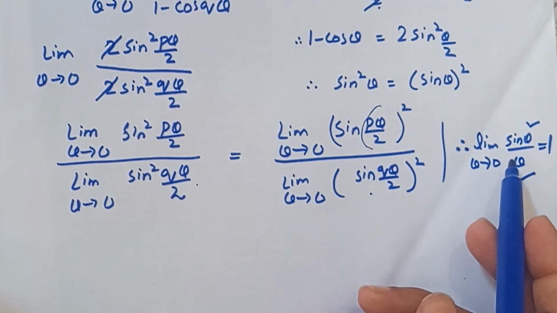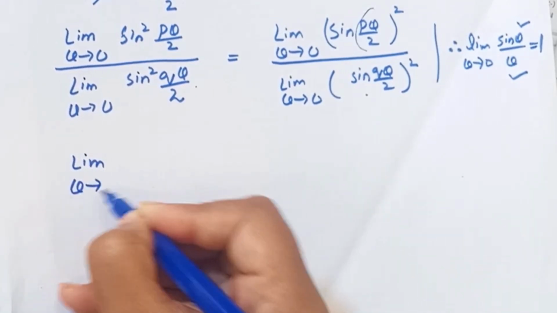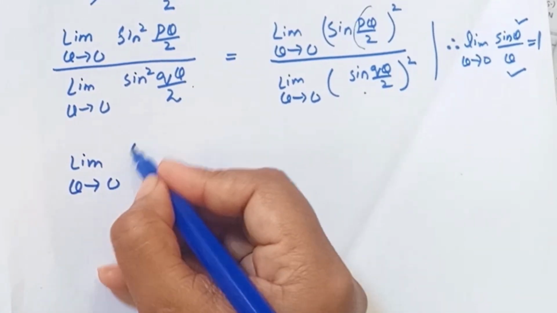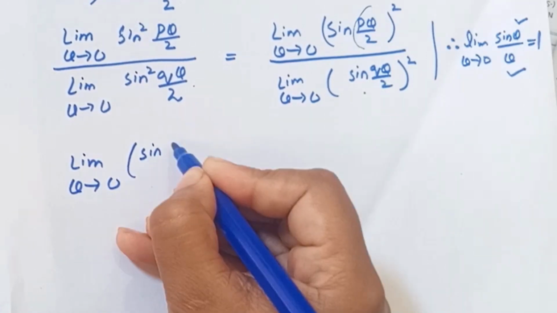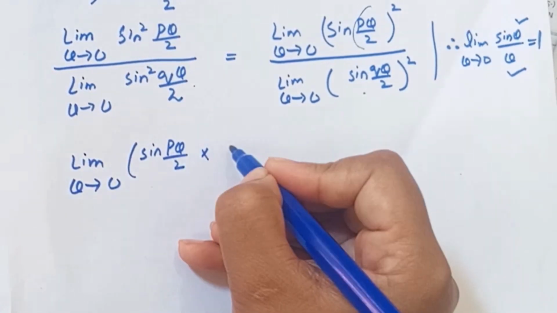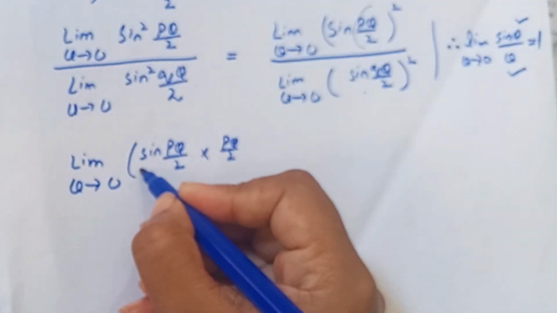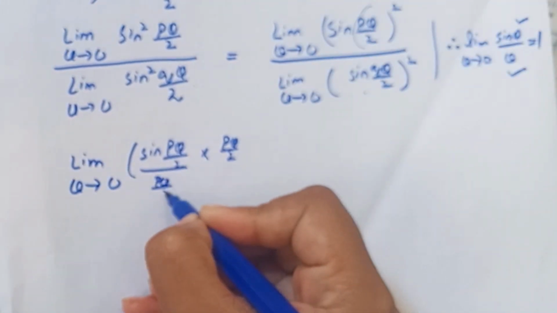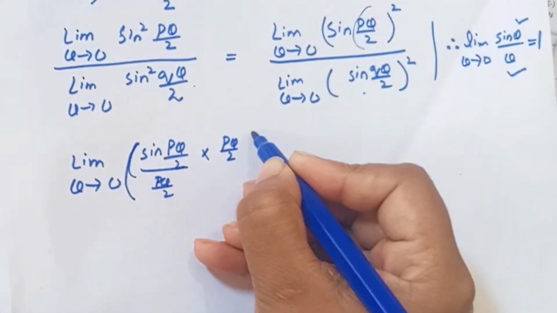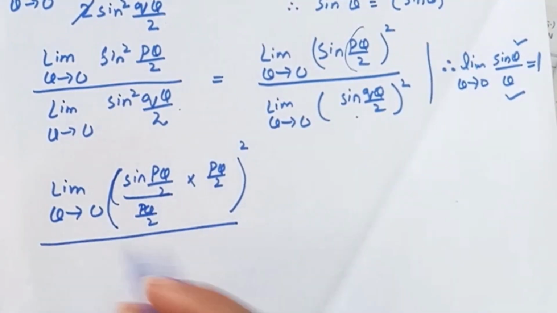Then after that we use this identity. So limit theta approaches 0, this is sine p theta over 2. We multiply this by p theta over 2 and also divide this by p theta over 2. Its power is 2.